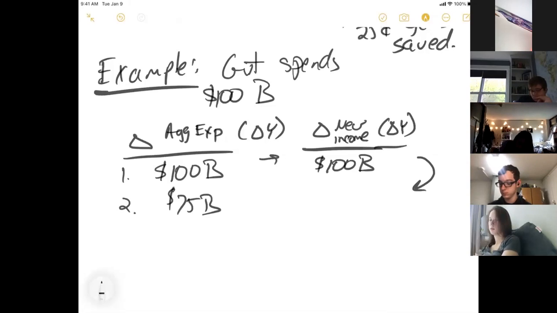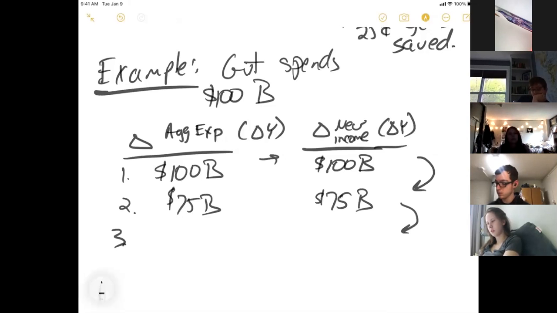That new spending becomes somebody else's new income. What do these people do with that new income? They spend it. So, where's my calculator? What's 75% of 75? 56.25.